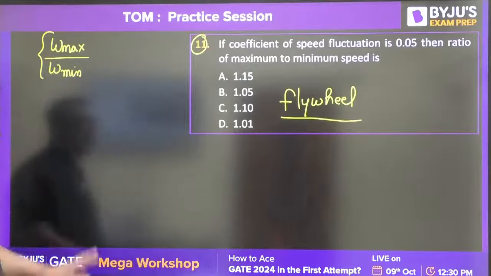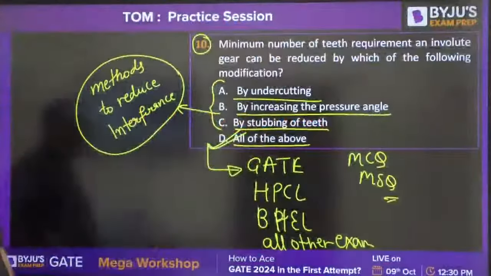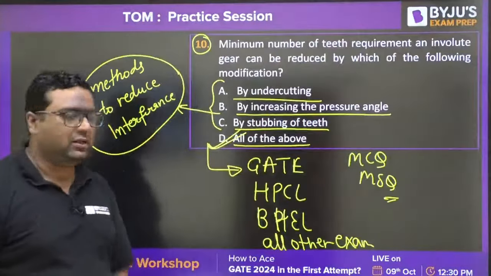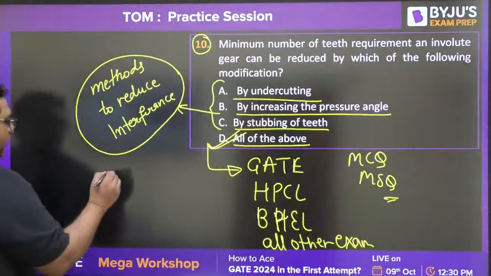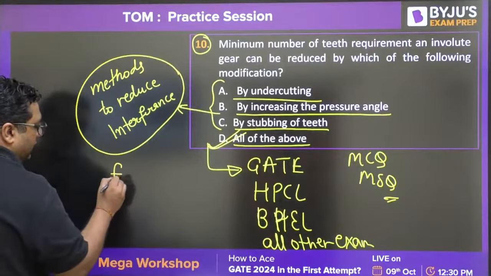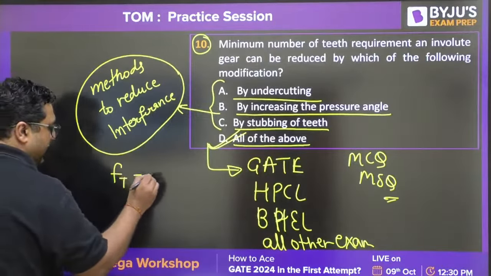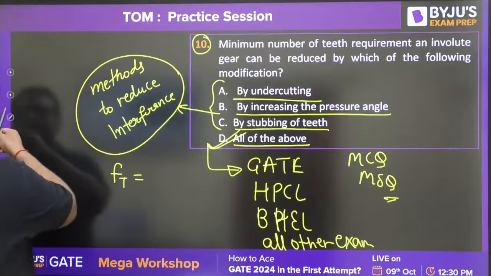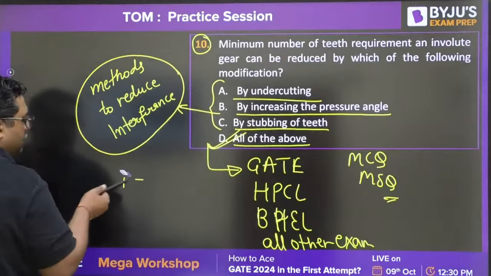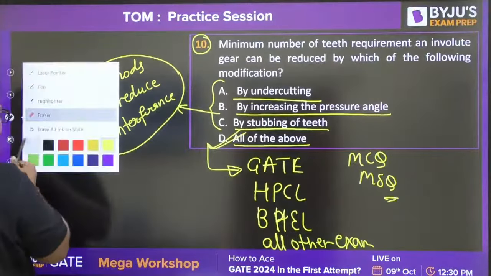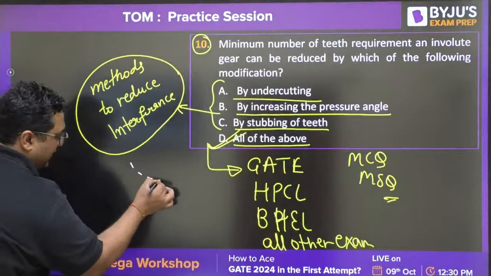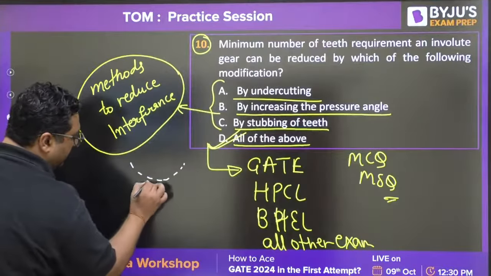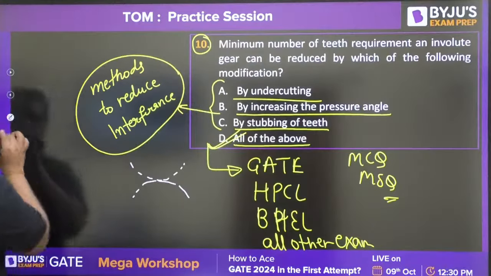Okay, B, let me explain. B is by increasing the pressure angle. When we talk about pressure angle, there is a pitch circle, and the circles are touching each other.